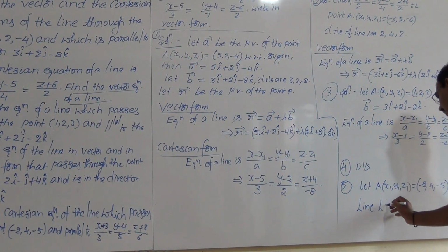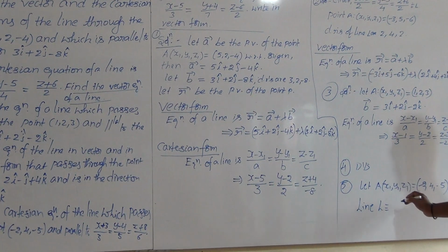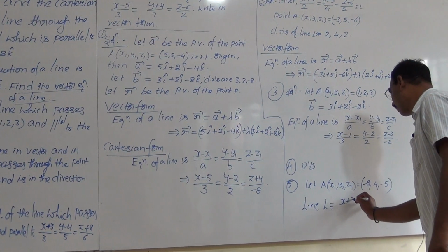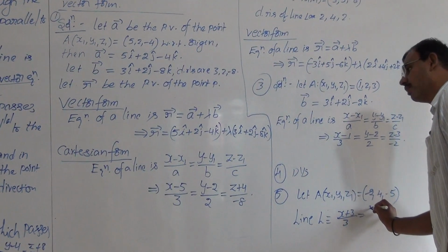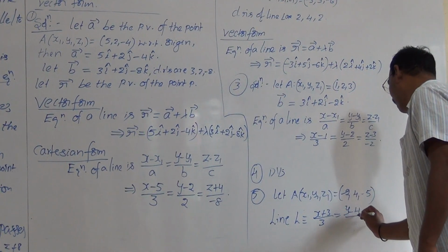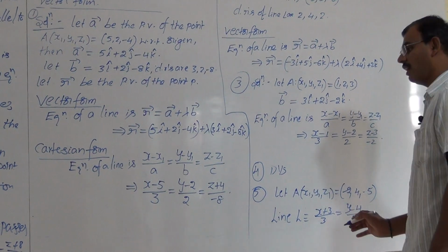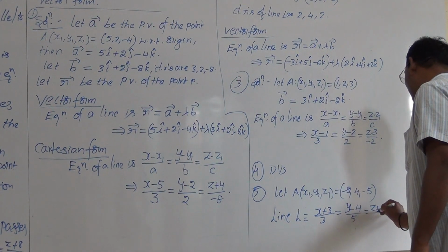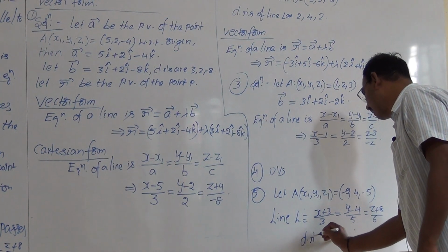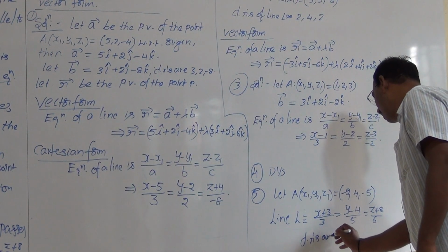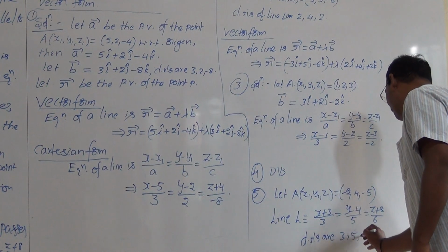And what is the line given? Line L: x plus 3 divided by 3 is equal to y minus 4 divided by 5 is equal to z plus 8 divided by 6. What are the DRs here? The DRs are 3, 5, 6.